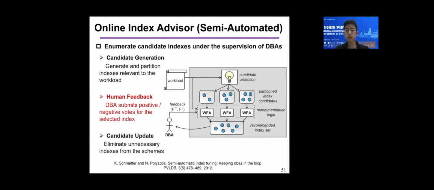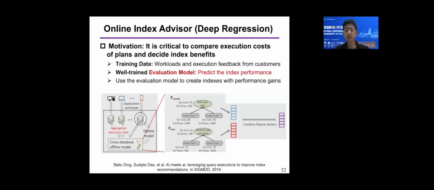It monitors the DBMS in real time and then dynamically analyzes the workloads and enumerates some candidate schemes to tune the index structures. But before implementing the index schemes, it asks the DBAs to judge whether the scheme is good or not. And based on the feedback, it updates the selection strategy. At some level, this method has reduced the DBA's burden.